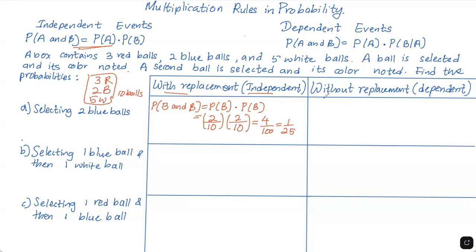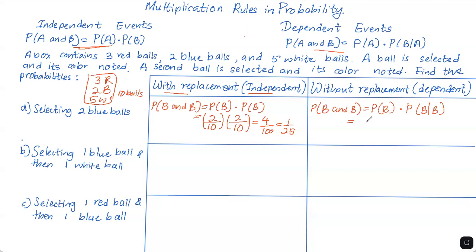So let's look at without replacement. Here the two events are dependent. So the probability that the first ball is blue and the second ball is blue, here you have to use this formula: probability the first ball is blue times the probability the second ball is blue, given that the first ball is blue.